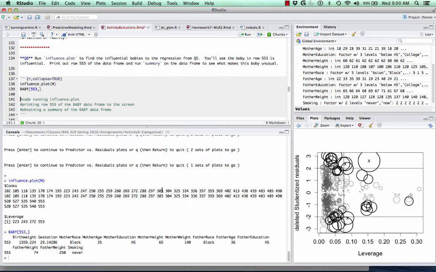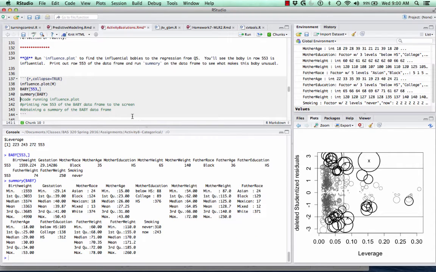But very often we can just determine that, hey, this baby had the lowest value or biggest value for maybe some of the predictor variables. So here are this baby's characteristics. If we look at a summary of the baby data frame, we might be able to determine what makes this baby so unusual. All right, so this baby had a birth weight of 1,560 grams, a very, very tiny baby.